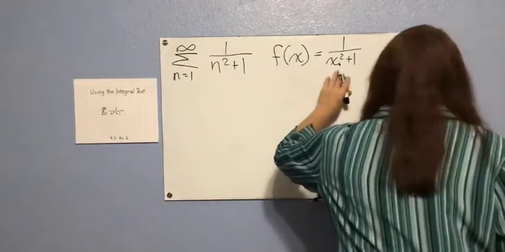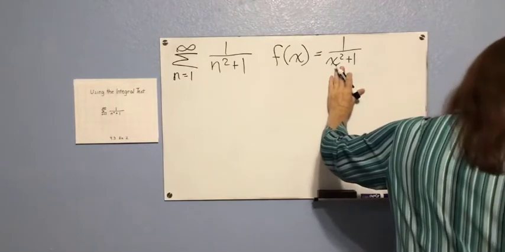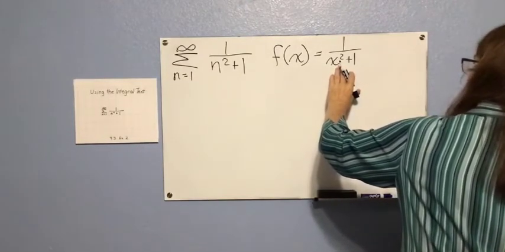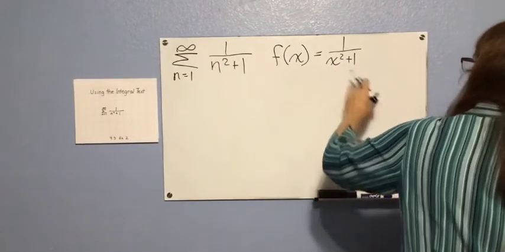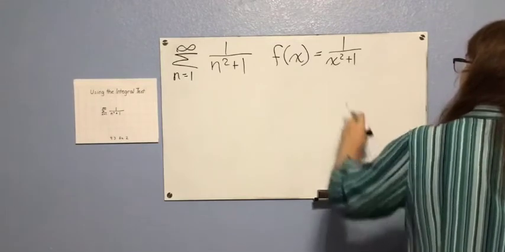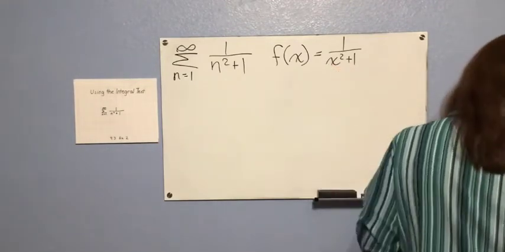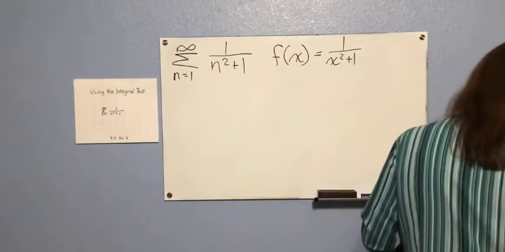Okay, we know that this is positive when x is greater than 1. We know that it's continuous. And we know that it's decreasing. As x gets larger, the value of the function is going to get smaller. So we've met all of our conditions.